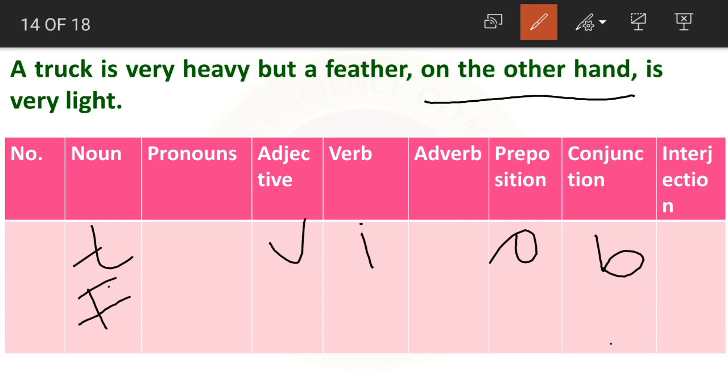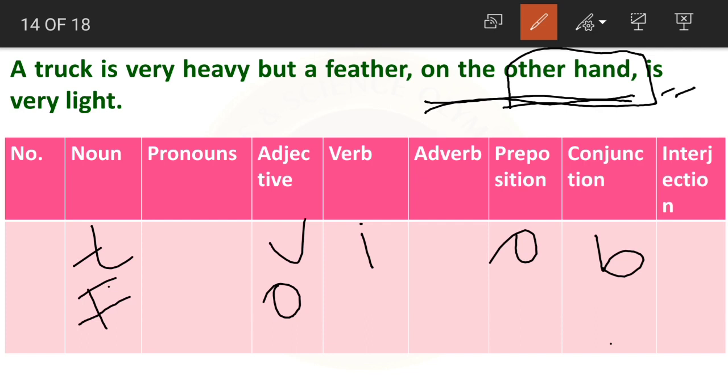If you go by the sentence meaning, then this gives us a different meaning. But when we are marking the parts of speech as per the words, if you take the literal meaning of this other hand, this becomes an adjective. That is, which hand? The other hand. Okay, children?